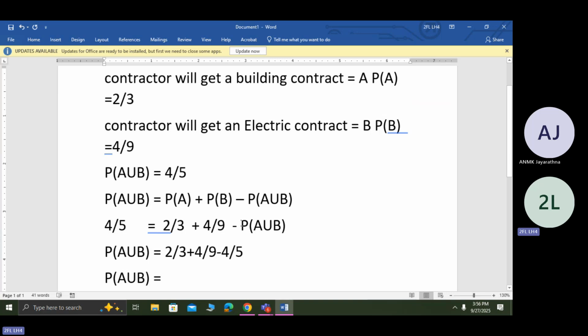Then we can take the union as the subject, so it becomes a positive value. The negative value moves to this side and becomes positive. Then 2/3 plus 4/9, we can take the union to this side, and then it becomes negative. What is the answer here?